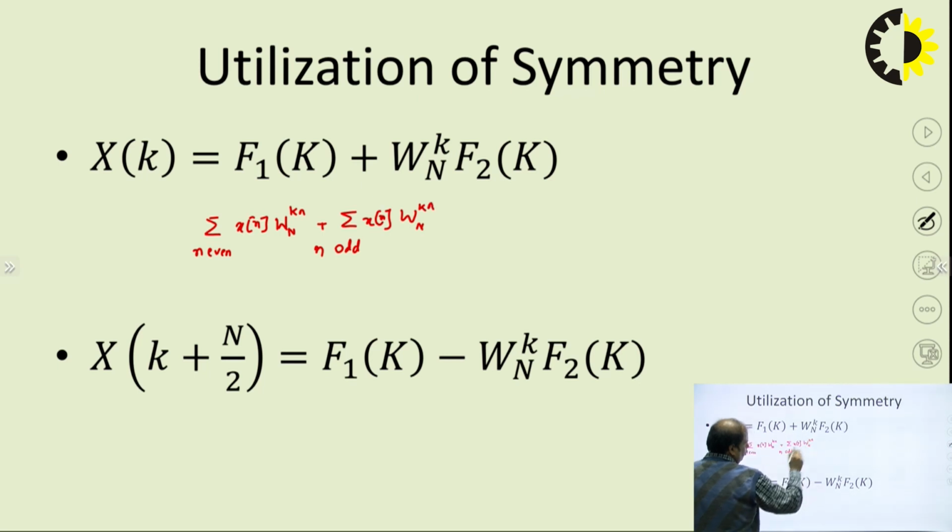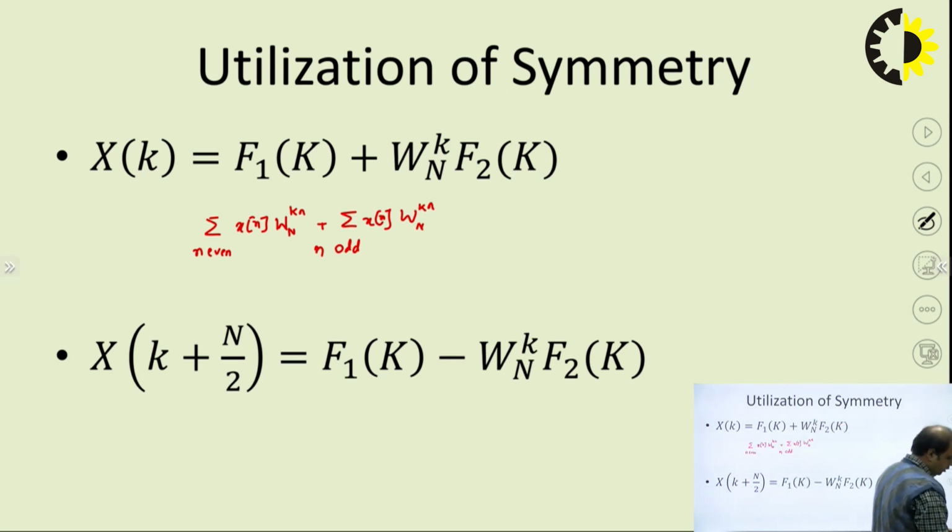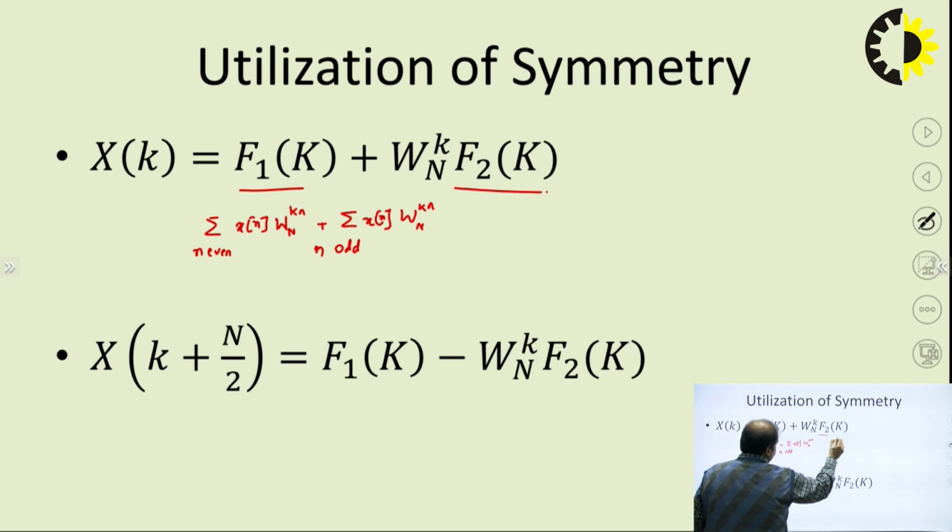That can be broken down, and the symmetry property of the Twiddle factor can be used. If I break the previous summation into even and odd components, it is possible to divide it. So, this will be n by 2 points and these will be n by 2 points.